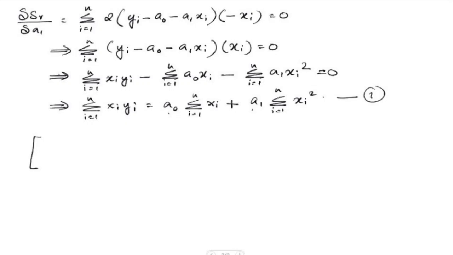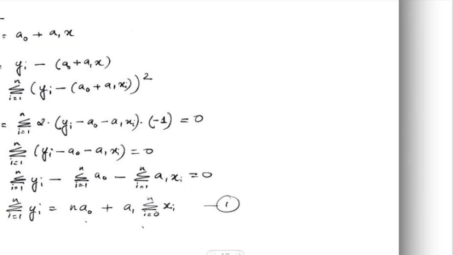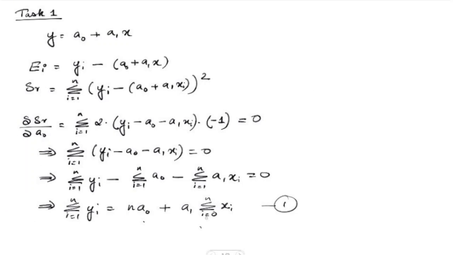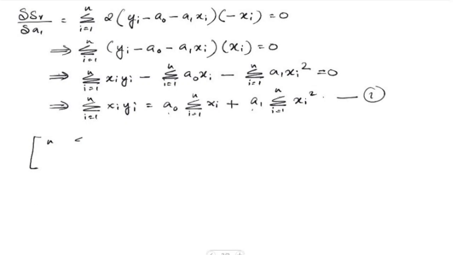We'll write it here in this matrix, so it will be n for a0 of the first equation, so here it is n times a0 and summation of xi times a1. So we'll write here summation of xi from i = 1 to n, and here we have for the a0 term summation of xi again, and for the a1 term we have summation from i = 1 to n of xi squared.